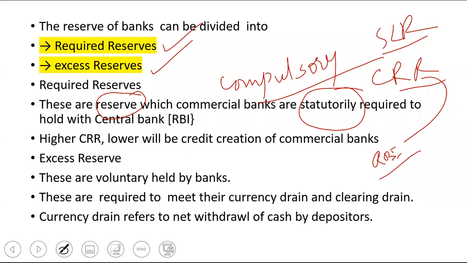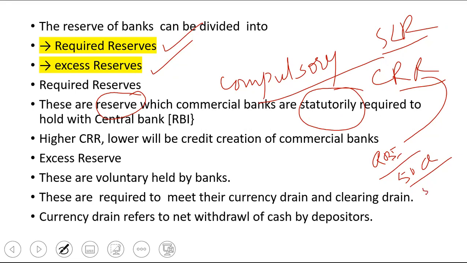Every week the commercial bank does an analysis to find out how much cash came in, and a certain percentage of that cash has to be kept with the Reserve Bank in the form of cash. Suppose that commercial bank got 50 crore in that week, say Canara Bank got 50 crore that week.